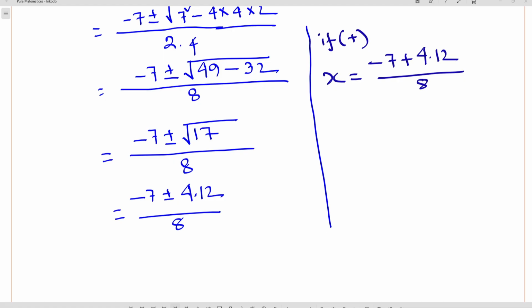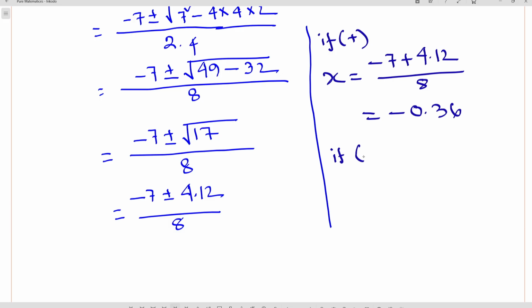So minus 7 plus 4.12 becomes minus 2.88 divide 8. So the result will be minus 0.36.